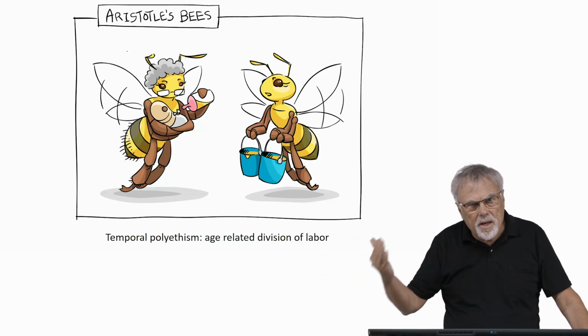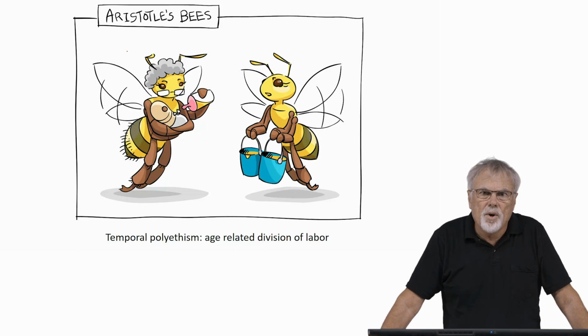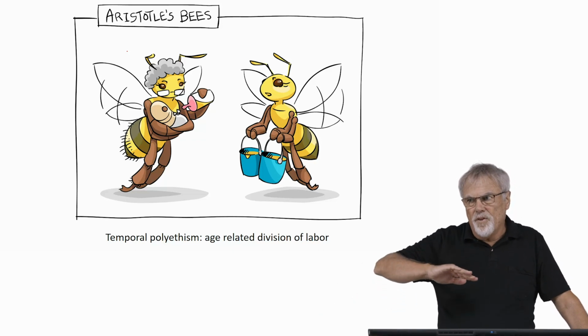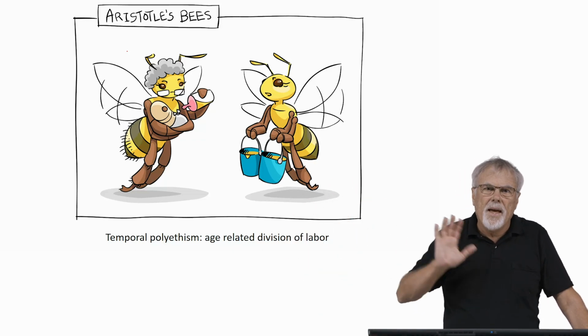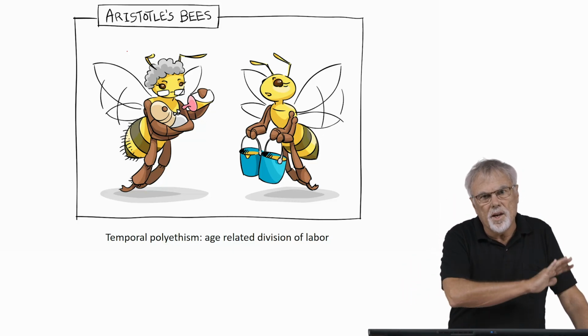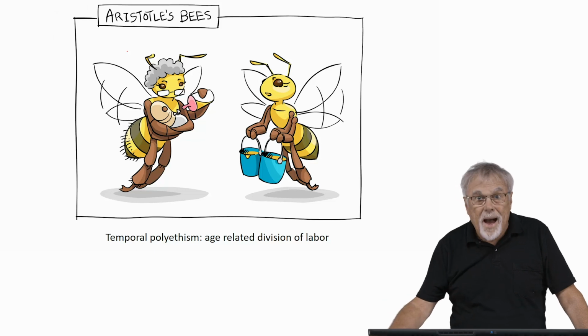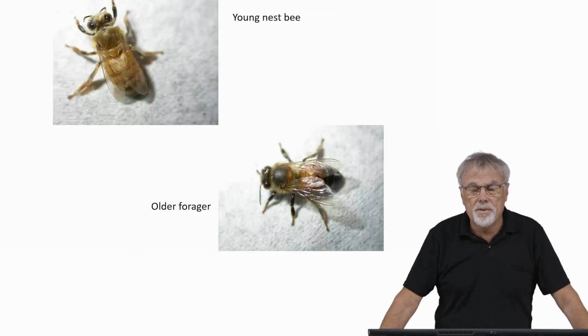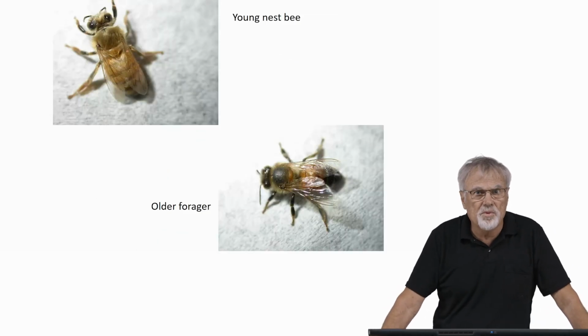And he thought that because the bees that were foraging had far fewer hairs on their body than did the bees that were tending to the larvae and taking care of the nest. He had it backwards. That was primarily due, I guess, to his anthropocentric view.